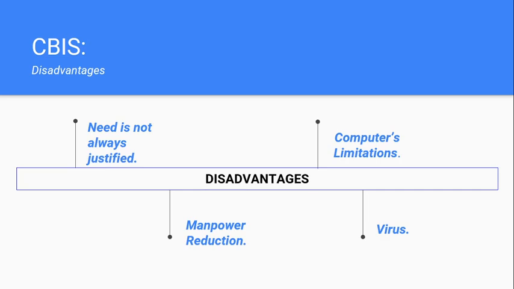Apart from this, another disadvantage is the computer's limitation, that is, the limitation of the device. Computers are not designed for automatic data collection or information generation or processing of the data. An operator is required to make the data entry and initiate the process of information generation. It may so happen that sometimes wrong data is input into the system, which leads to the generation of wrong information.